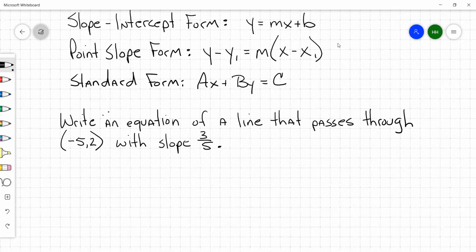Write an equation of a line that passes through negative 5, 2, with slope 3/5.